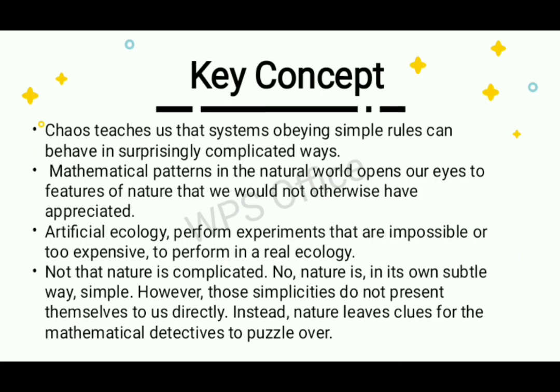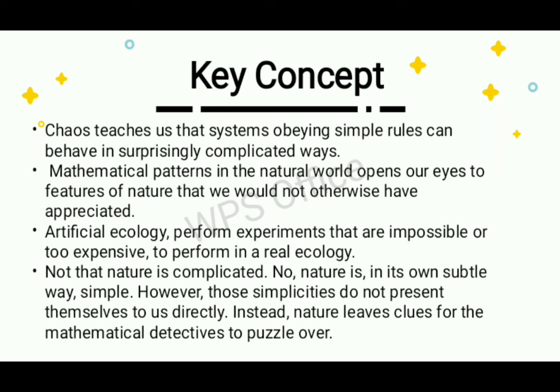Key concept: chaos teaches us that systems obeying simple rules can behave in surprisingly complicated ways. Mathematical patterns in the natural world open our eyes to features of nature that we would not otherwise have appreciated. So mathematics helps us to deepen our understanding of nature's complexity. Artificial ecologies perform experiments that are impossible or too expensive to perform in a real ecology.